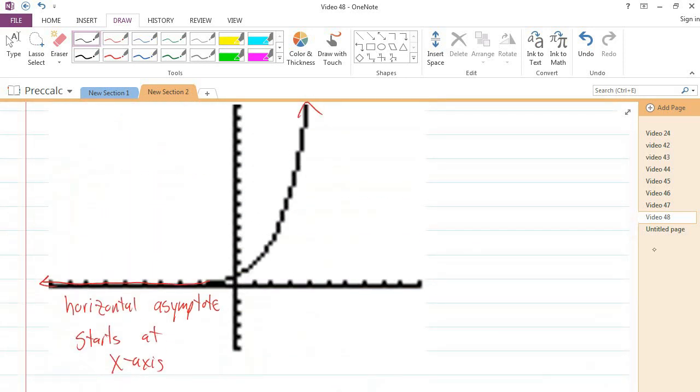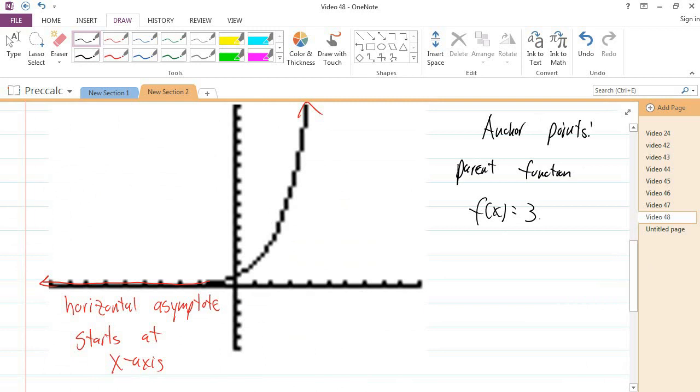Because we are graphing exponentials tomorrow, let's talk about how to get anchor points. Okay? The parent function is always the base, whatever it is. Let's try 3 to the x power.